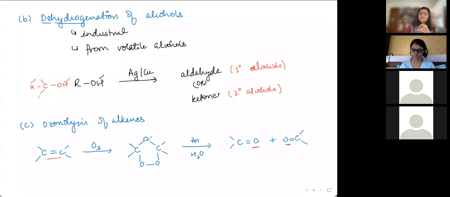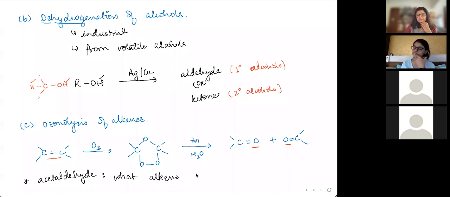Now using this logic, if you want to prepare a specific aldehyde or a ketone, you can figure it out. So here's a practice question. Suppose I want to prepare acetaldehyde. What alkene should I take? Acetaldehyde is CH3CHO, right?